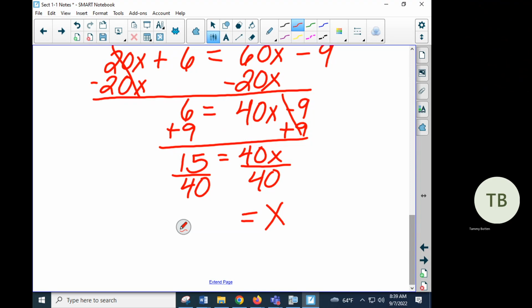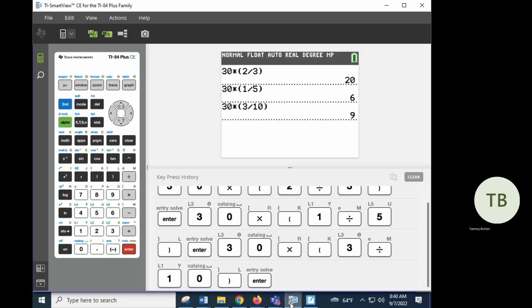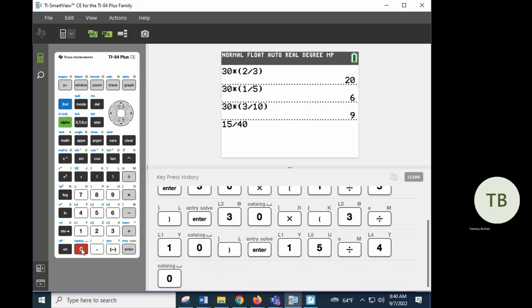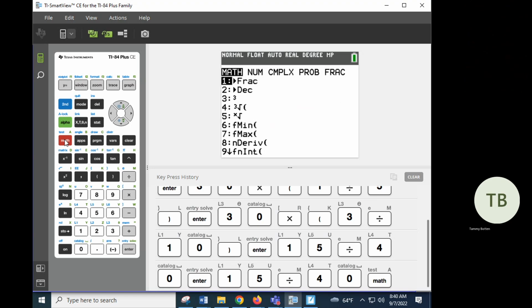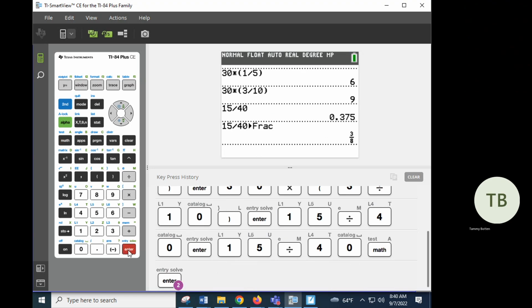And x is, okay, so you can go to your calculator and go 15 divided by 40 and get it as a decimal. And one thing I'll be showing you guys this year, if you ever want to reduce a fraction, on a graphing calculator, you can go 15 divided by 40, and there's this math key here, and if you hit enter twice, it will reduce it for you.